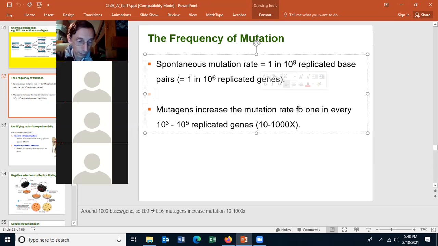So if you look at humans, because we're over 1 million in population, in fact we're over 1 billion in population, you will always have a mutation for whatever gene you look at. Like if we look at the blue-eyed genes, you only need to look at 1 million people, and then you will find one person who has a mutation in their blue-eyed gene.